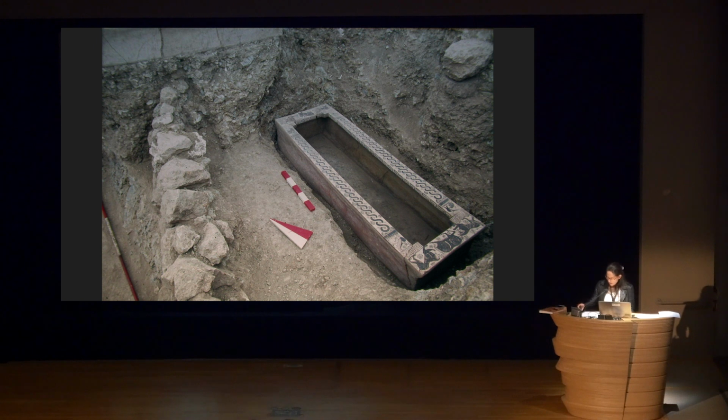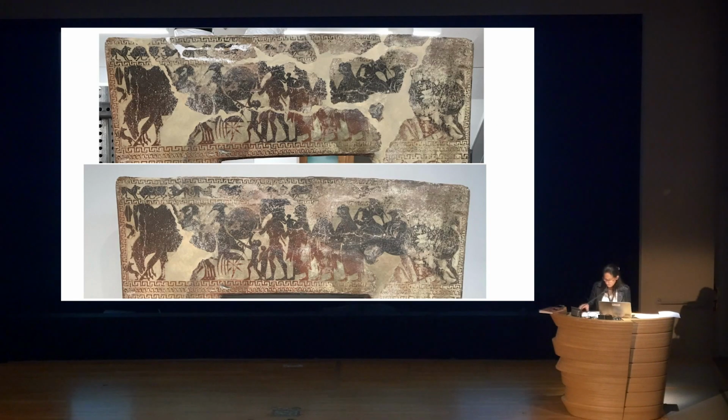The MFA's example had been in storage for nearly 2 decades when we brought it up to conservation to be examined in 2019. It had substantial losses, so what you're seeing here is a before and after photo, or almost after, because we're not quite there yet, but the most recent photos. So you're seeing on the top the before and then below with work done.